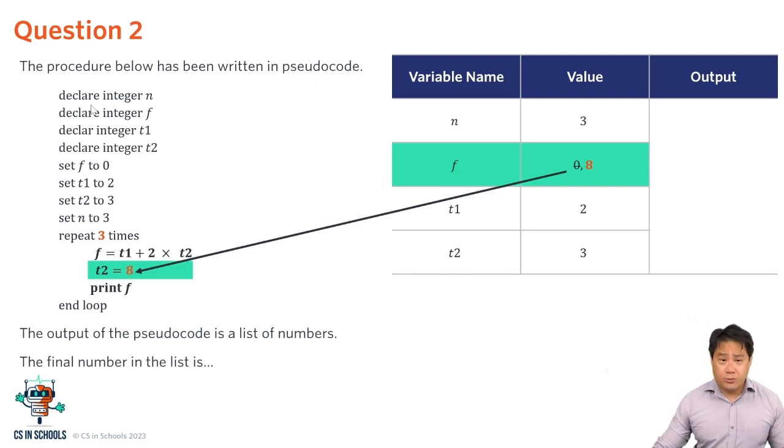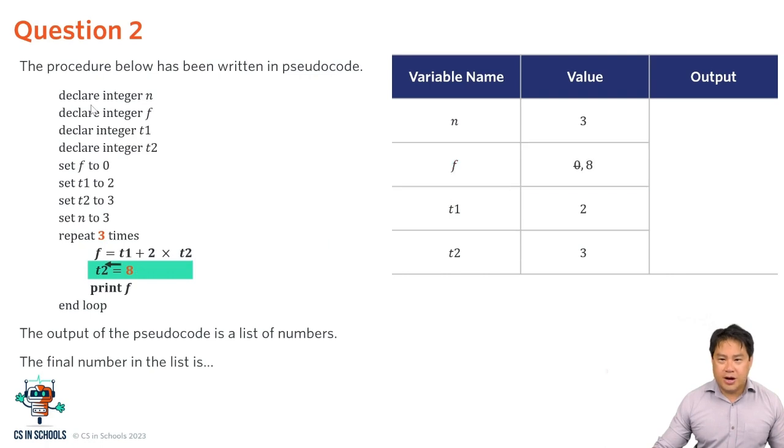So here we take the 8, we substitute it in, and then we assign it into the T2 variable. So T2 now has changed from 3 to 8. And then the last line of code here inside that block is saying print f. Now, print is a special command in pseudocode that will always be followed with an expression of some sort.